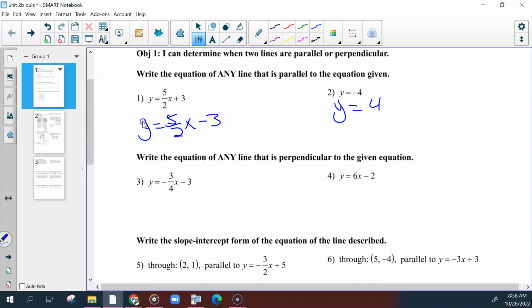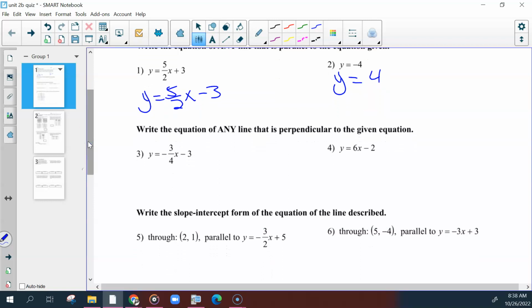It could be the opposite of this one, something else. That was also worth 1 point. If you change that to x, you got a half off, because that would be a perpendicular, not parallel. If you wrote y equals -4, those are the exact same lines, so we need different numbers. Questions on that section so far?